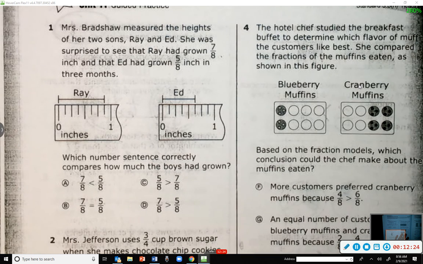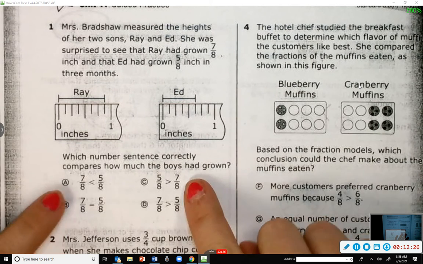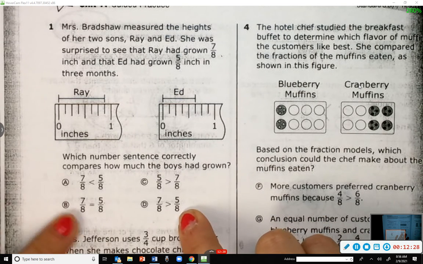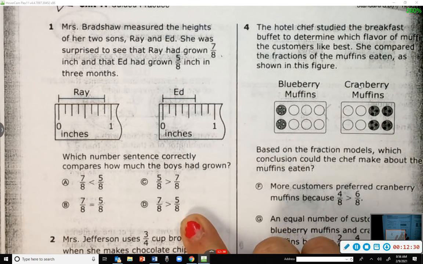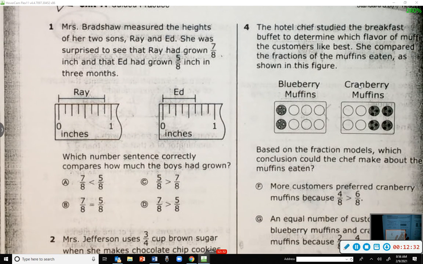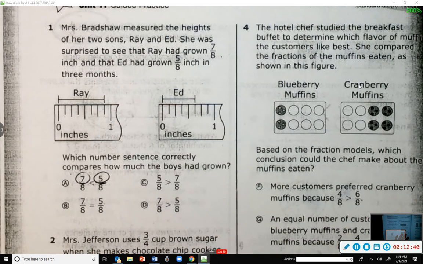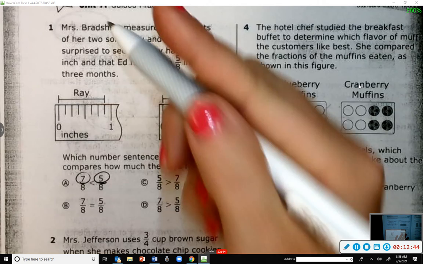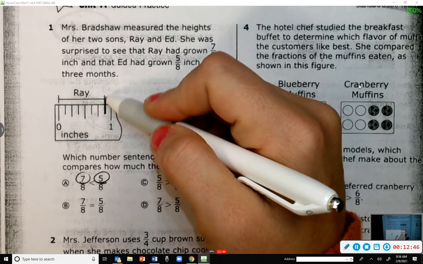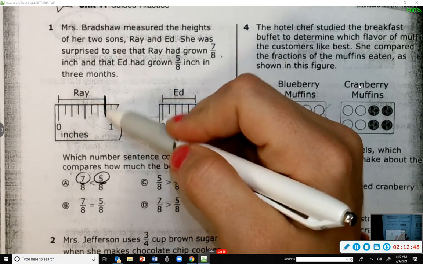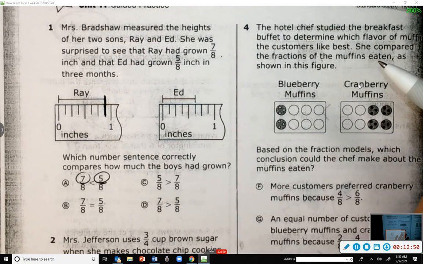Okay, so we're just comparing those fractions, 7/8 and 5/8. So there's 2 things we can do. The denominators are the same, so what can I look at? The numerator. 7 and 5. So which one's bigger? 7. I also can tell by looking at the number line. This one is further, so it must be bigger, right?